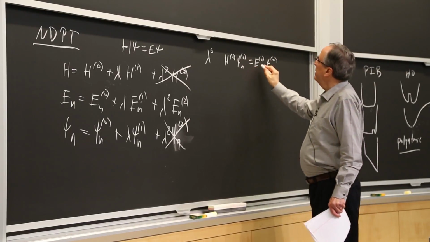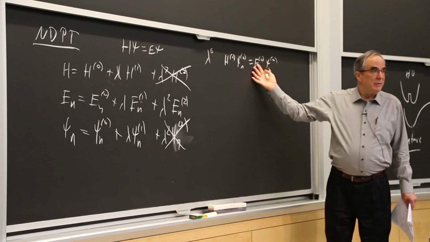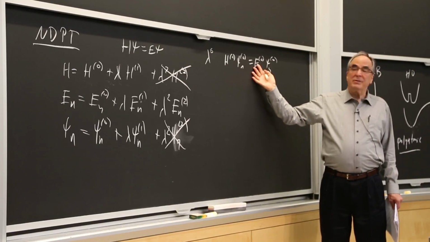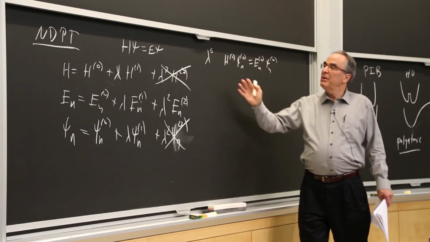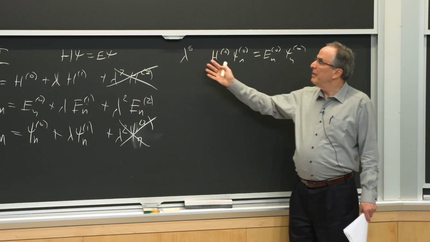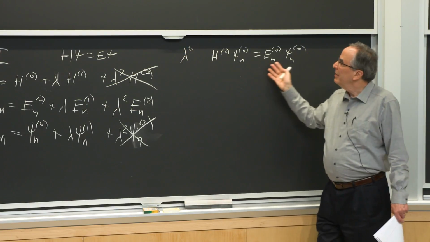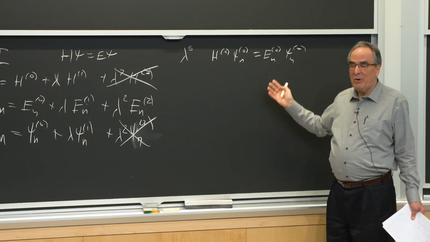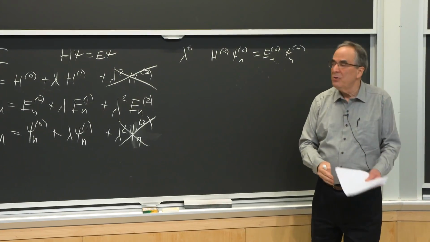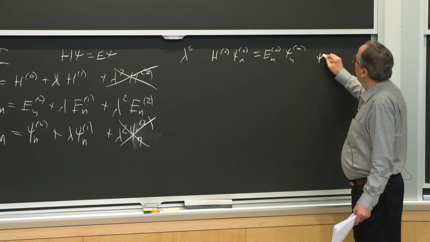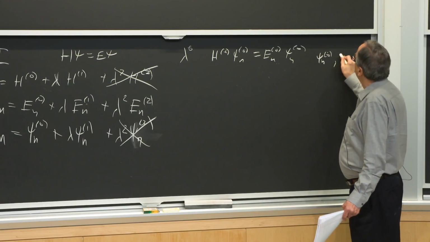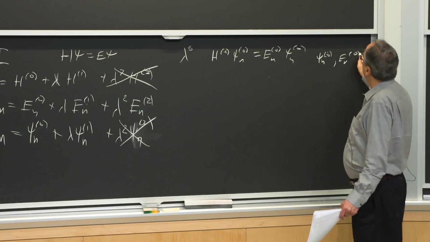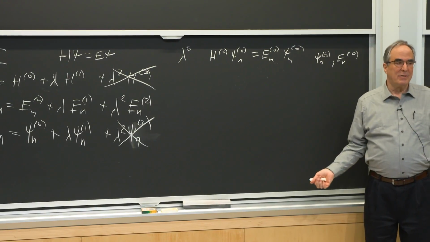We could put n's on this. And this is the exactly solved problem. You build your foundation from the lambda to zero equation, and it's just what you know already. And what you're going to do is now use the psi n0 and E n0 to do everything else.